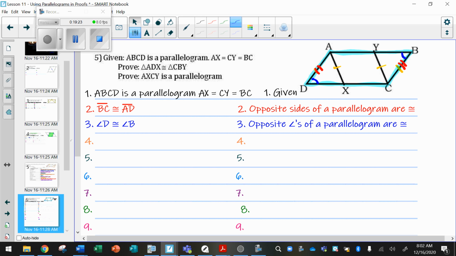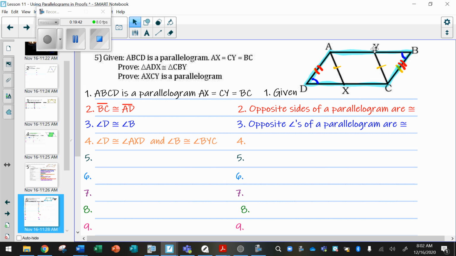And then knowing what I know about triangles, angle D is congruent to angle AXD, and angle B is congruent to angle BYC.